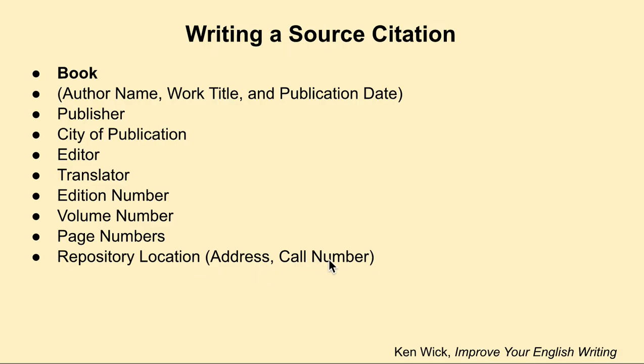Or if it's in a box number or a file number or something like that. So this is called the repository information, but it's only included for limited access references or sources. And then you want to record the DOI or the URL if you accessed it online.